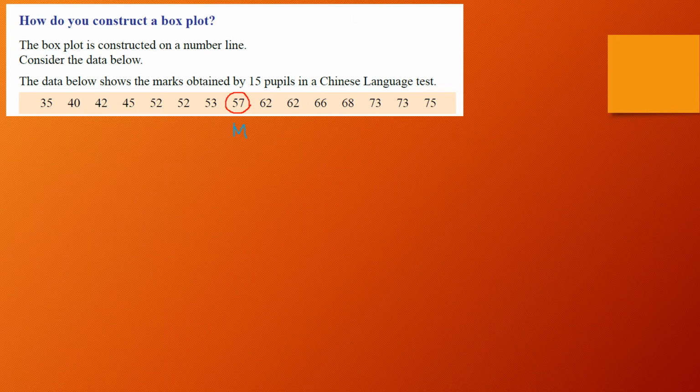For the first part of the 7 data, we find the middle. So this is the first quartile. Then for the second part of the data, we find the center value. So this is the third quartile.